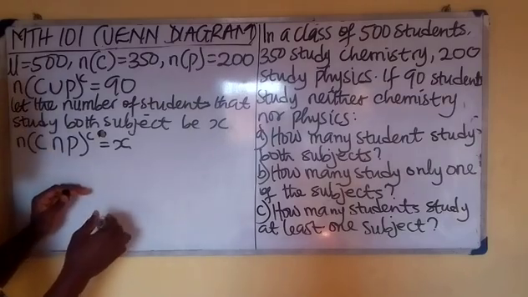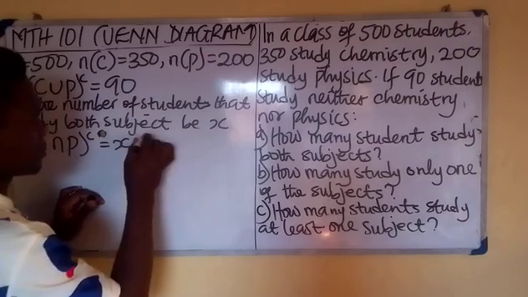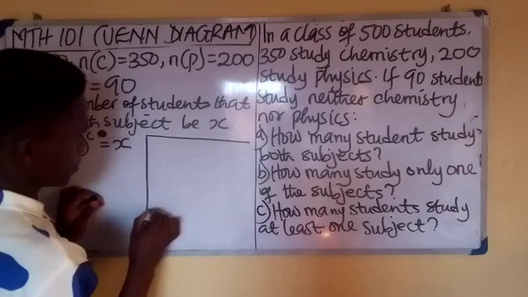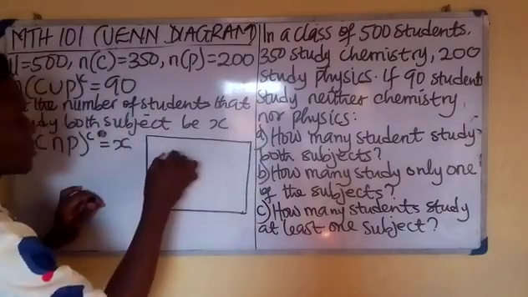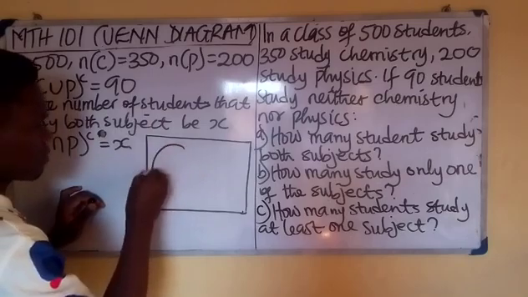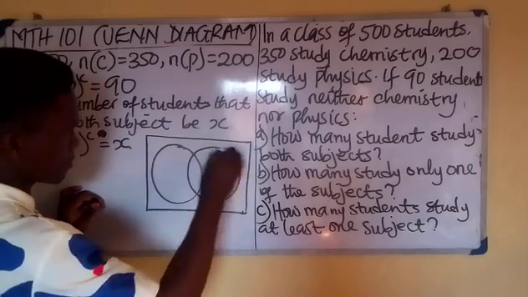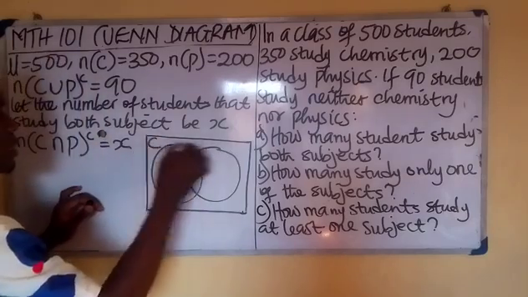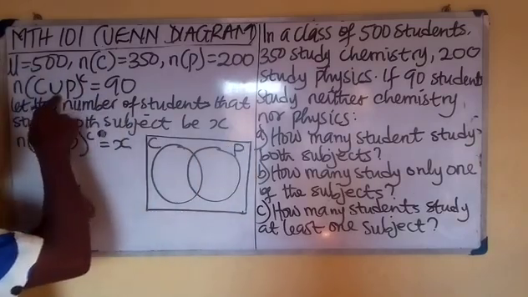Let me use a Venn diagram to illustrate this. I have two circles here, one and another one, two. So this is for chemistry and this is for physics.